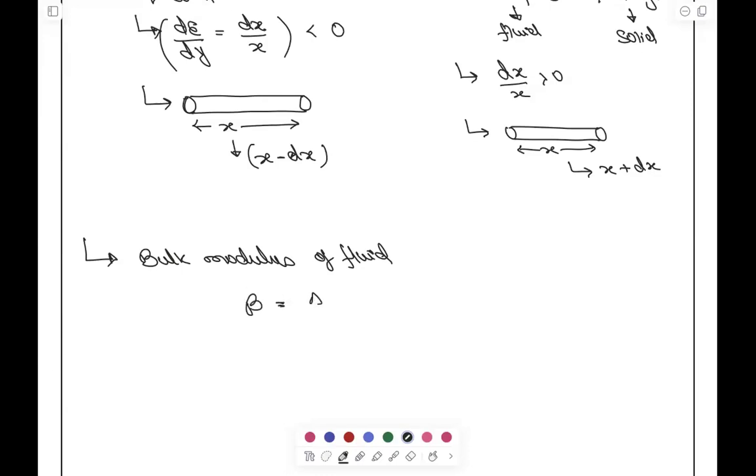B is equal to minus delta P by (delta V by V). I hope you remember this.